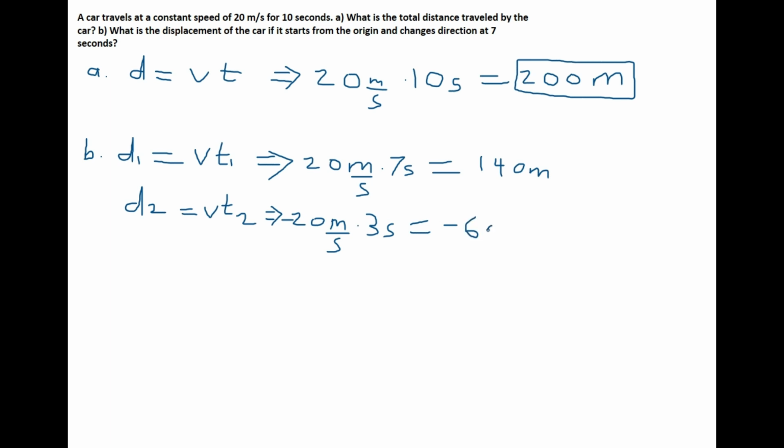And that means it traveled negative 60 meters. So the total displacement will be d1 plus d2, which is equal to 140 minus 60, meaning that the total displacement was 80 meters.